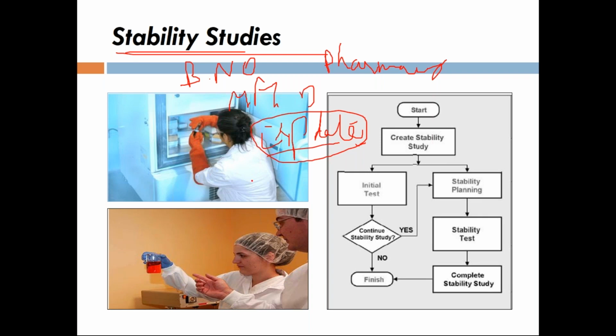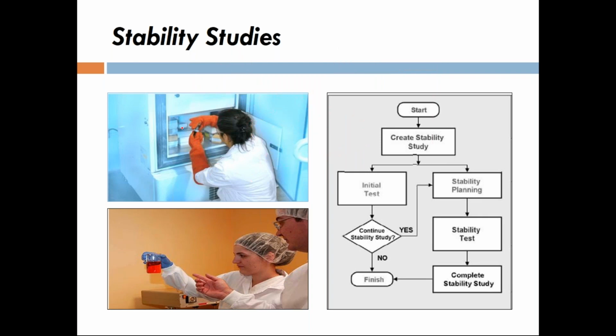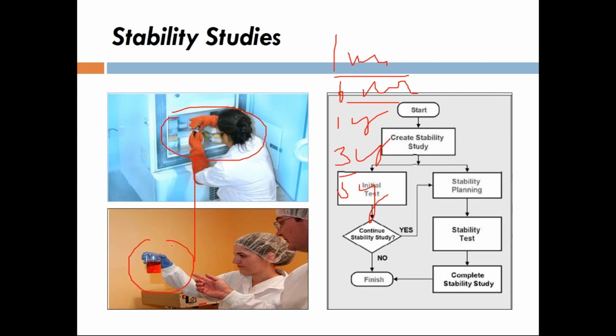So what they do, they store the product in some environmental conditions. They will store for 1 month, 6 months, 1 year, 3 years, 5 years. Once this period is reached, they will take out the sample and do the testing. So let's say after 1 month, they take out the sample.